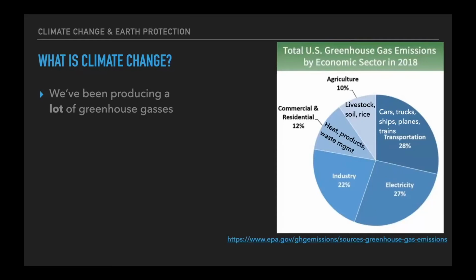A lot of it comes from heating our homes with fossil fuels and cooking our food with fossil fuels, using products that produce greenhouse gases, and waste management. So how we ship our waste around, how we move our waste around, and how we break down our waste. All of those things are contributing to greenhouse gases as well.